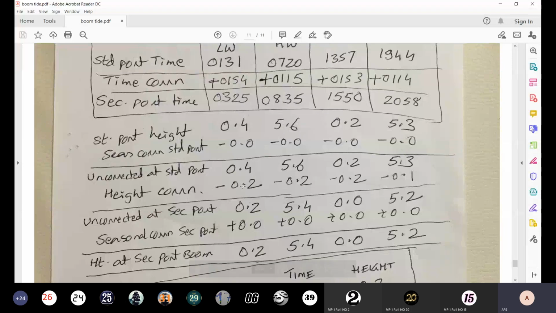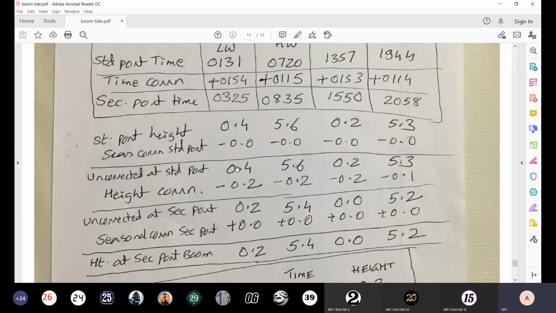And next, complete the other low water also the same, minus 0.2 something. So you'll get approximately these values. Just see for yourself, are you getting close to this? Minus 0.2, minus 0.2.